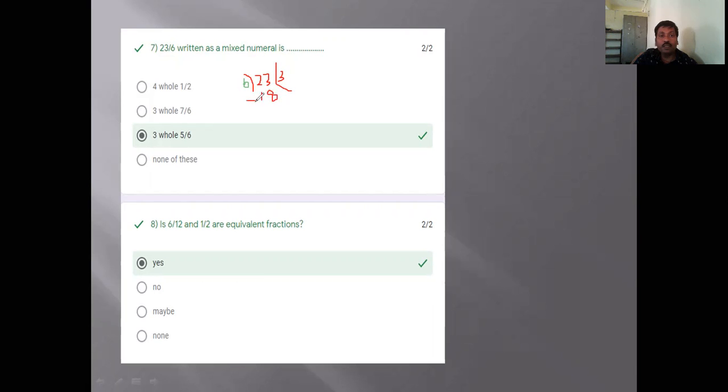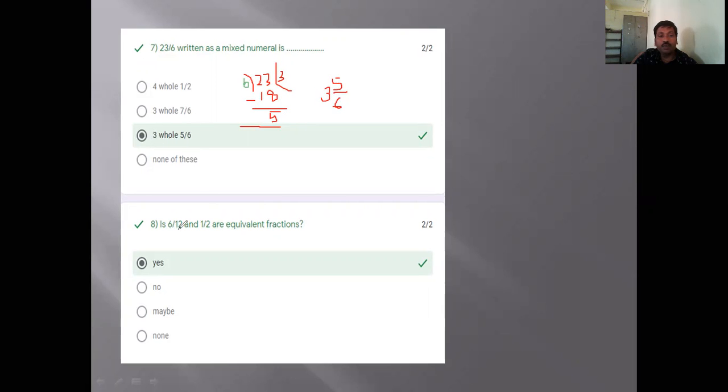When we subtract, we get 5 as the remainder. If we want to write the number as a mixed fraction, 3, the quotient, is the whole, 5 is the numerator of the fraction part, and 6 is the divisor. So 3 whole 5 by 6 will be the correct answer. So the third option will be correct, 3 whole 5 by 6.